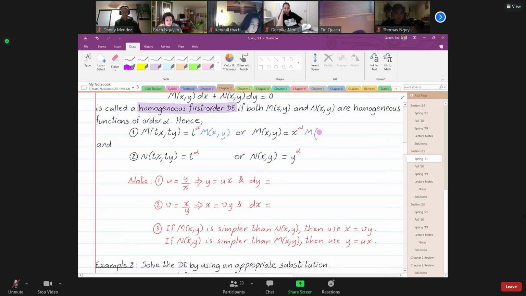Divide by x, you get 1. And then divide this one by x, we get y over x. Okay. So that is going to lead you to something. I'm going to go back to that. So just leave it blank for now. Because that's going to help us determine what kind of substitution we should use.